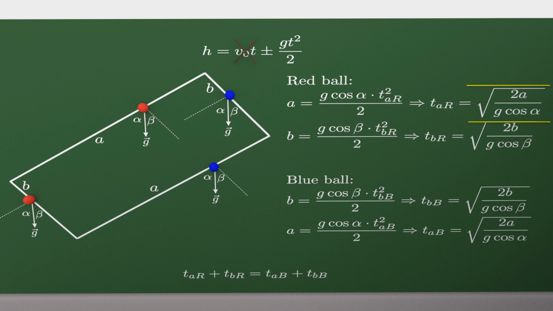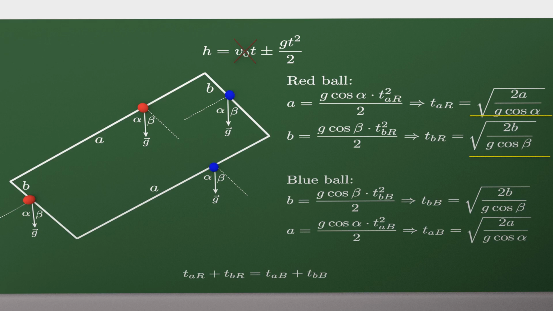Similarly, for the distance B, just pay attention to the projection of g onto B. So it is equal to this square root.